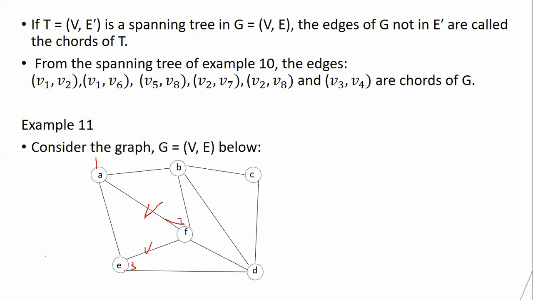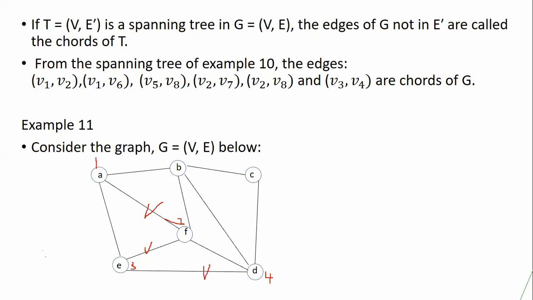Now at the E, we don't have any other apart from D because A and F are used already. So we can go to D and number it as 4. Okay, then we mark the edge DE as used.